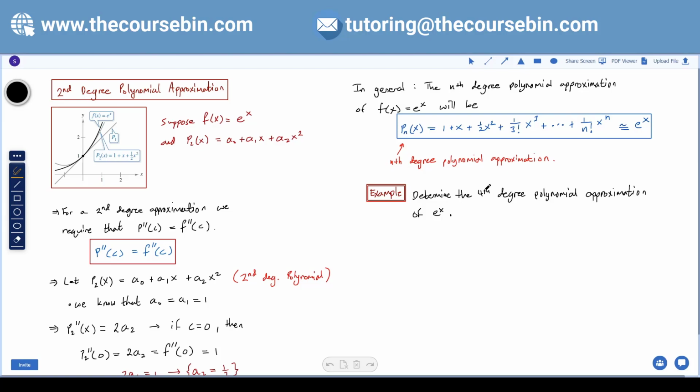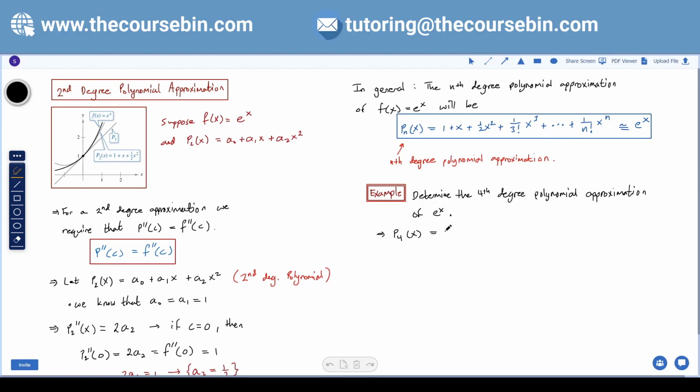So that means we want p sub 4, right? So we're going to say p sub 4 of x, according to this formula, is you build it up until you reach n factorial, so 4 factorial.